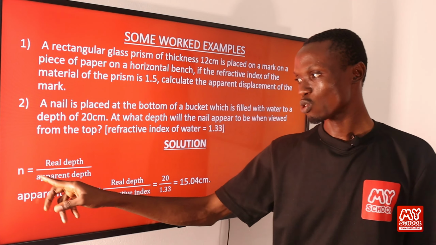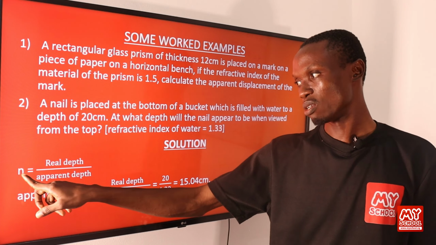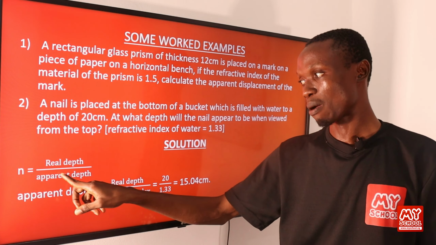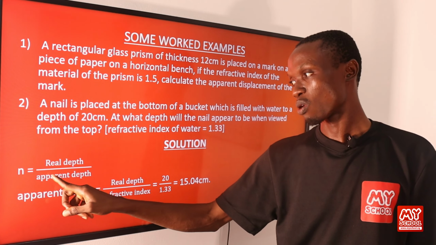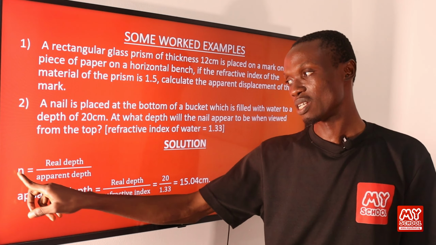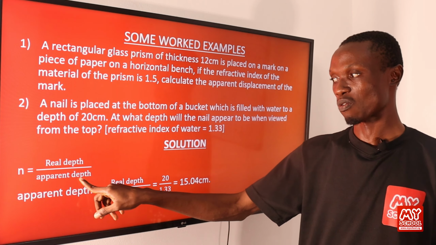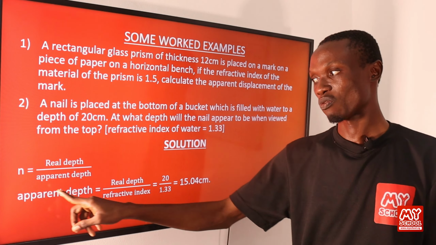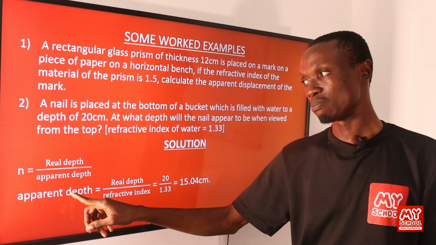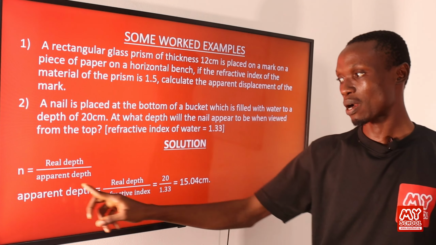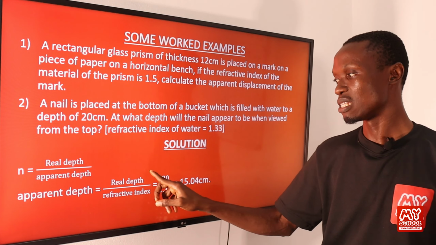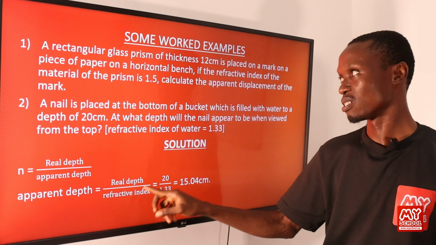So we just switch position between refractive index and apparent depth. So apparent depth takes the place of refractive index, and refractive index takes the place of apparent depth. In that case, we've made apparent depth the subject of the formula. So the apparent depth is now equal to real depth all over refractive index.